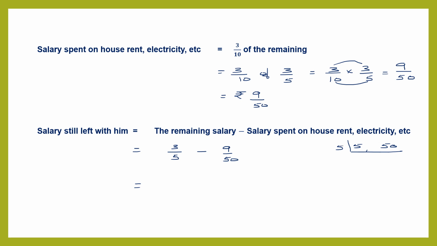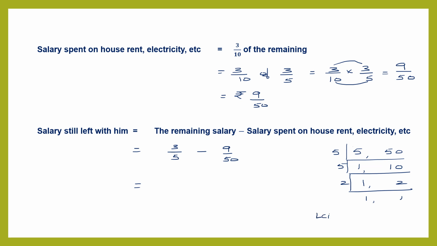So begin with 5. 5 ones are 5 and 5 tens are 50. So let's continue. Now we can use 5 again. 5 ones are 5, 5 twos are 10. Continue with 2 this time. 1 and 1. So what is our LCM? Our LCM is 5 into 5 into 2. So 5 5s are 25, 25 twos are 50. So the LCM is 50.